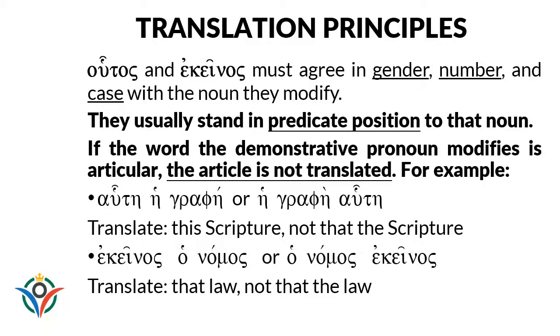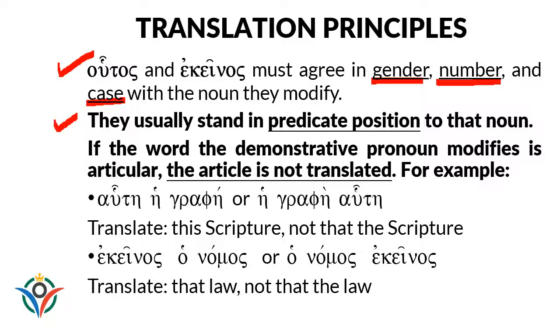So now that you are familiar with the two Greek demonstrative pronouns, hutos and ekainos, as well as their different forms, let's now speak about some important translation principles. So the first principle that I want to teach you is that hutos and ekainos must agree in gender, number, and case with a noun they modify.